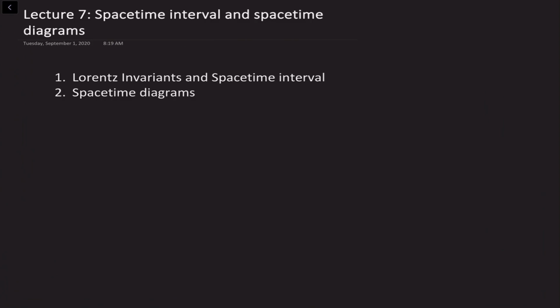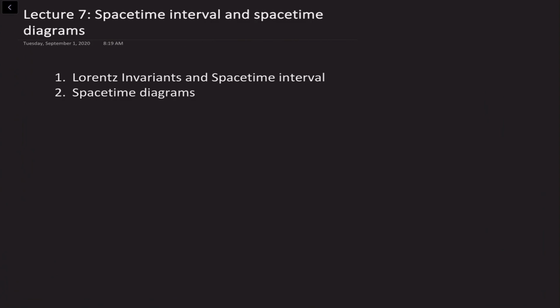However, now that we have a mixing of space and time, we will see that two different space-time points are connected by a measure which is called the space-time interval, and this measure of distance between two space-time points turns out to be exactly the same for all inertial observers.